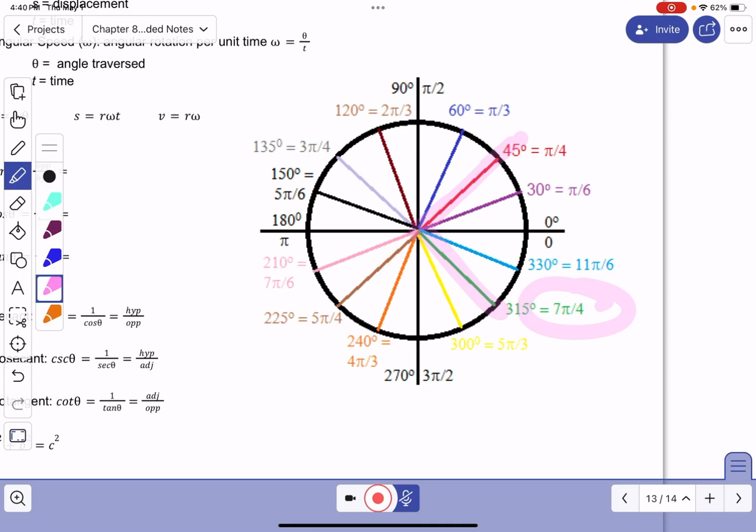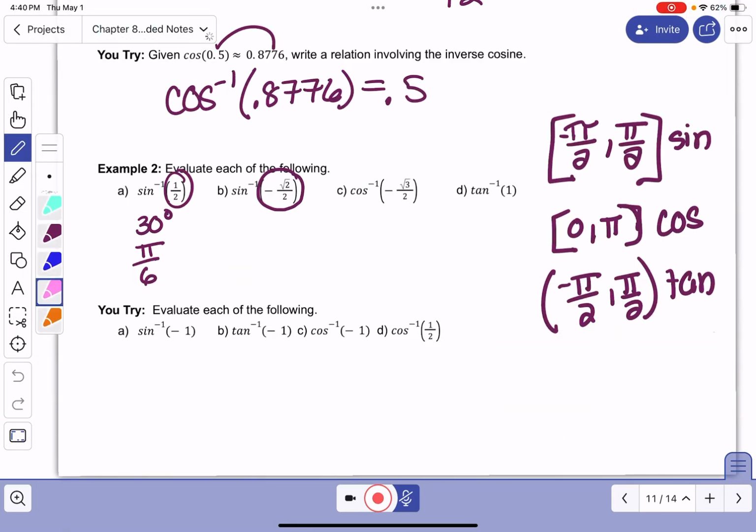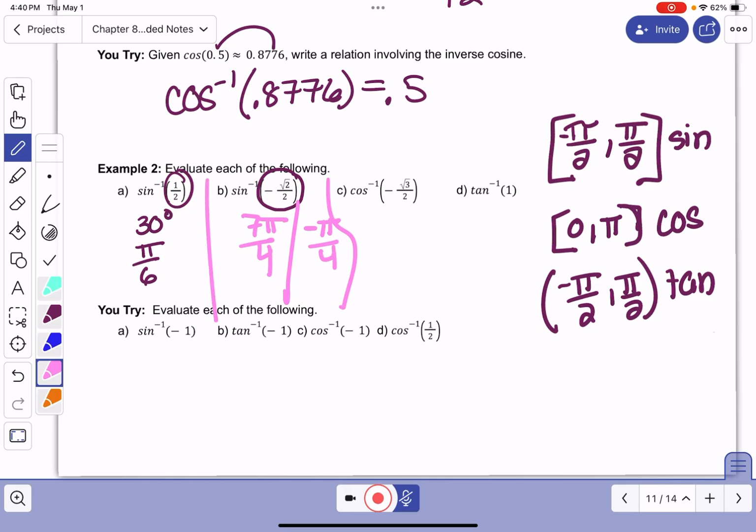So 7 pi over 4. You also could say, well, since positive 45 or positive pi over 4 was positive, you can write negative pi over 4 as negative. I would take either of those answers.